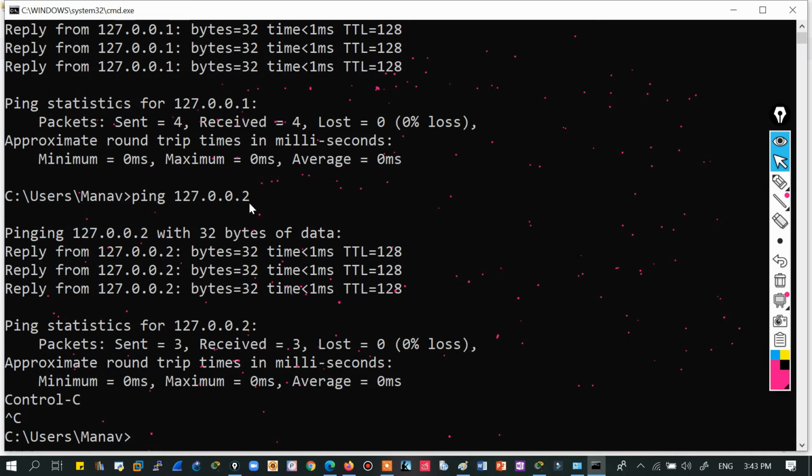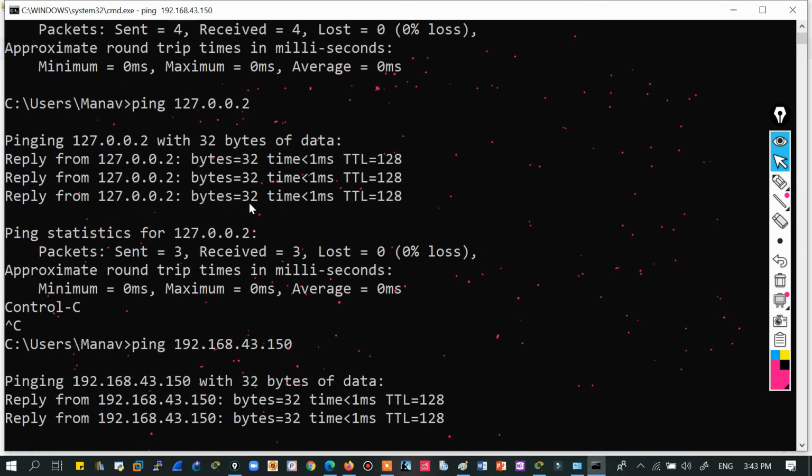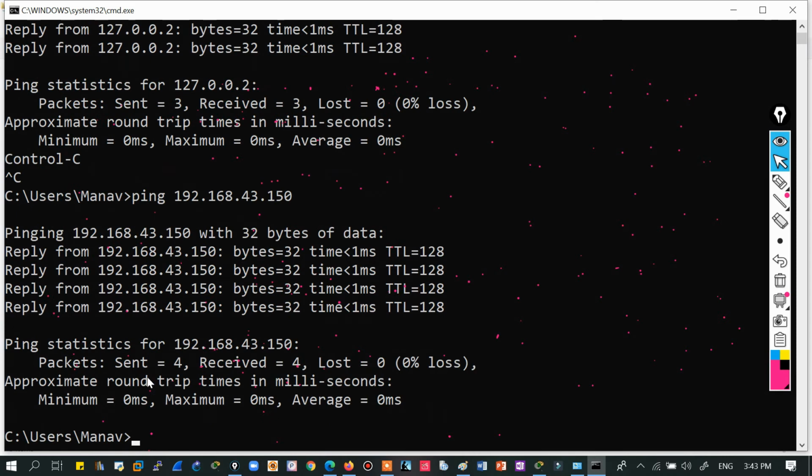Some people say that it is used to check the connectivity of your LAN card. That is not right actually. To check the LAN card connectivity or status, you need to ping your own IP address, the IP address configured on your interface itself. This is the IP on my interface, I need to ping this. If the ping is replying, it means my LAN card is okay.